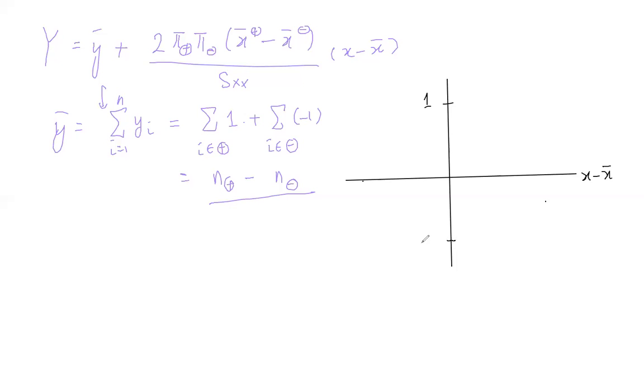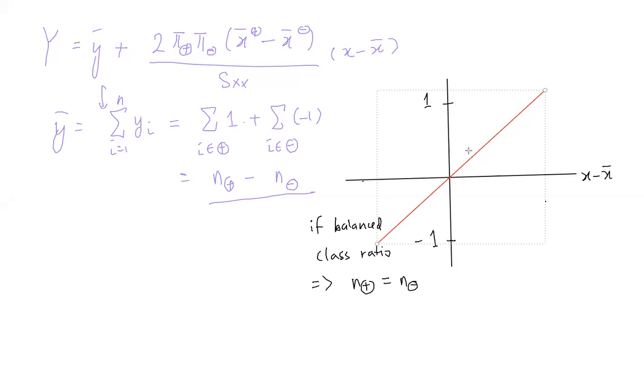So if you have a balanced class ratio, this means your n plus is equal to n minus. In that case, your slope, it will pass through 0. So your regression line will pass through 0, like this, right?